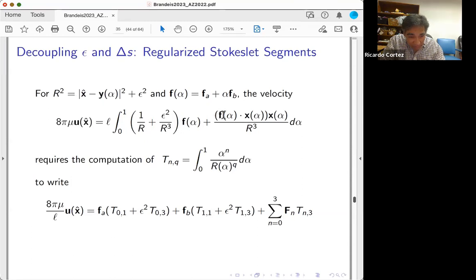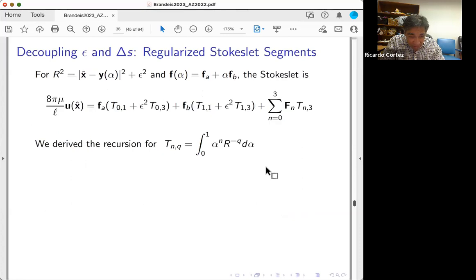If you think about this as a linear function of alpha, this will be a cubic function of alpha. So we need alpha to the 0, 1, 2, and 3 powers divided by r to either the first power or r cubed. It turns out that these integrals you can do exactly.